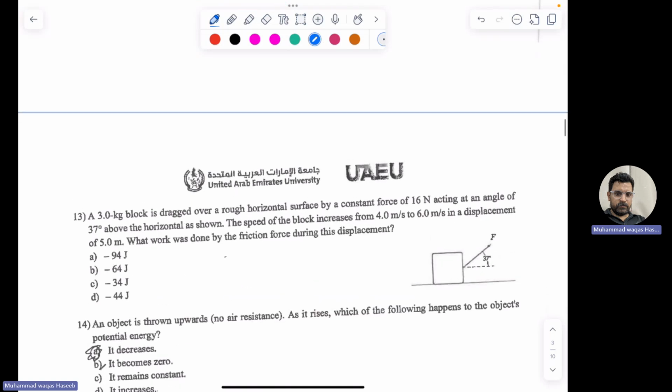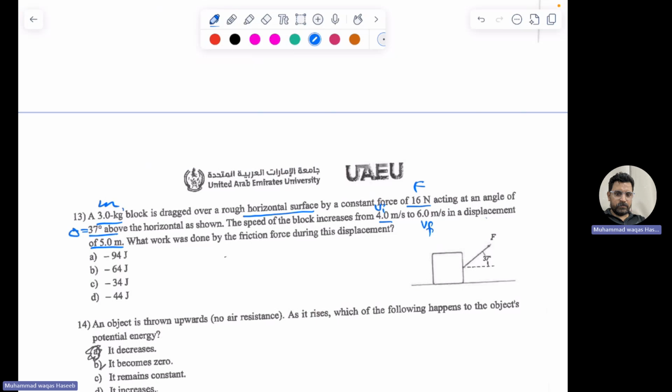Next question. A 3 kilogram block is dragged over a rough horizontal surface, this is the mass, by a constant force acting at an angle 37 degrees. The speed of the block increases from Vi to Vf in a displacement of 5 meters.